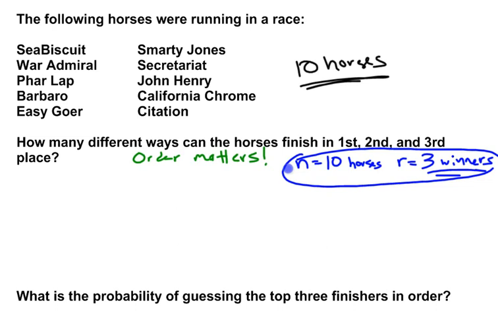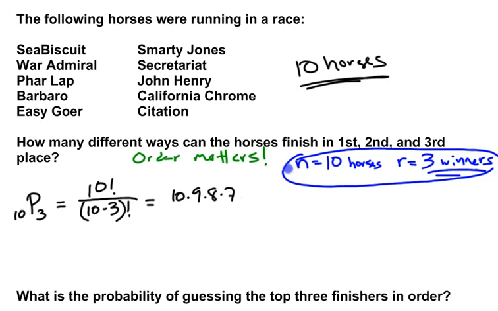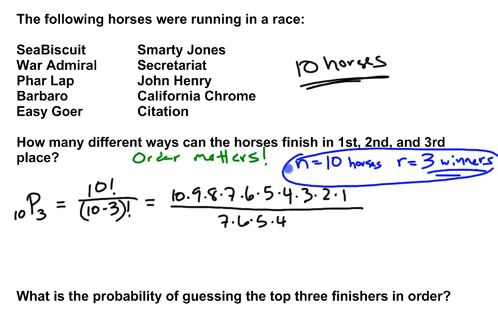So r is 3. As we go to set this up, that's going to be 10 items, and we're going to choose 3 of those items, and the order matters, so we're doing a permutation. So that's going to be 10 factorial divided by 10 minus 3 factorial. And again, that's going to be 10 times 9, 8, 7, 6, 5, 4, 3, 2, and 1, divided by 7 factorial, which is 7, 6, 5, 4, 3, 2, and 1.